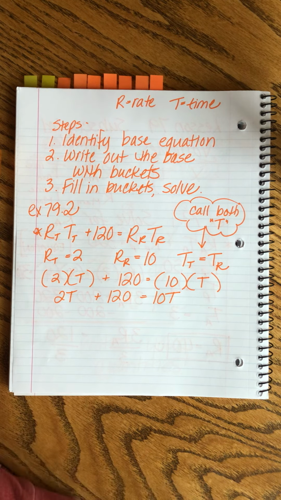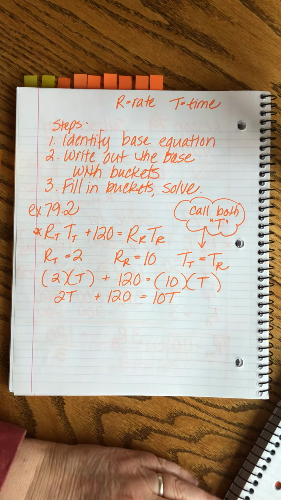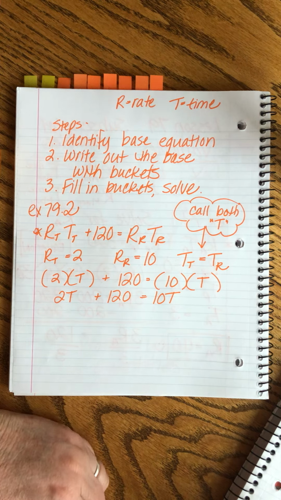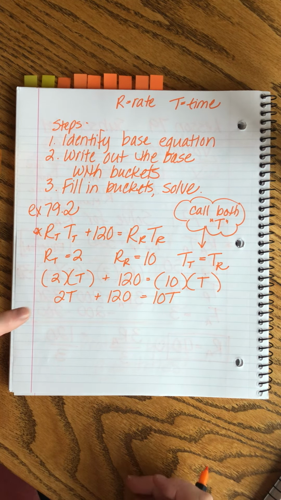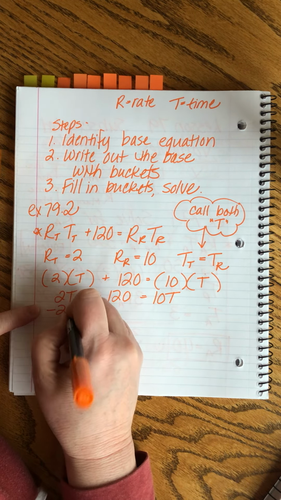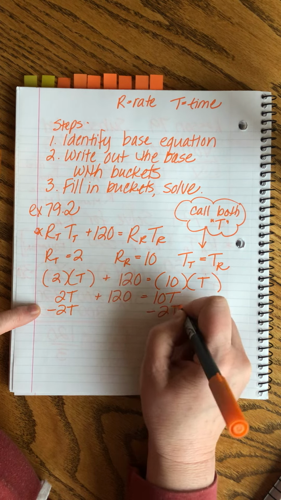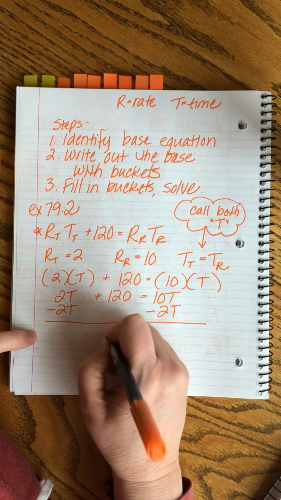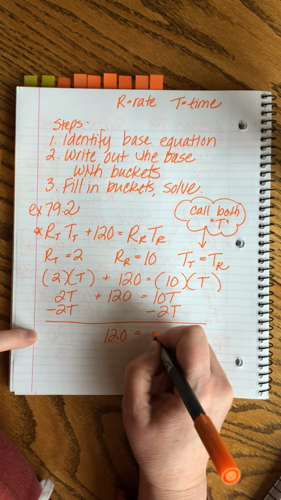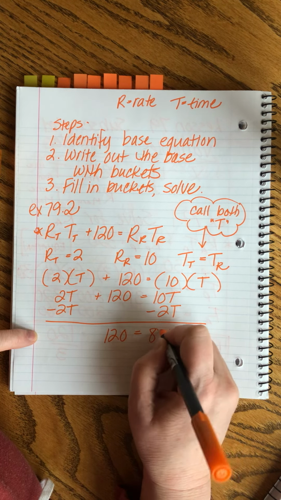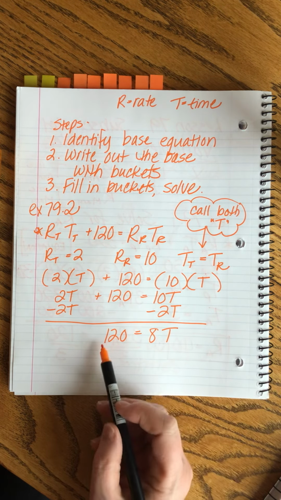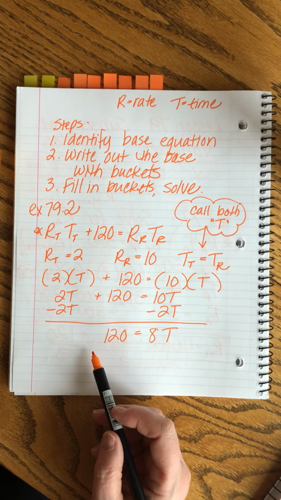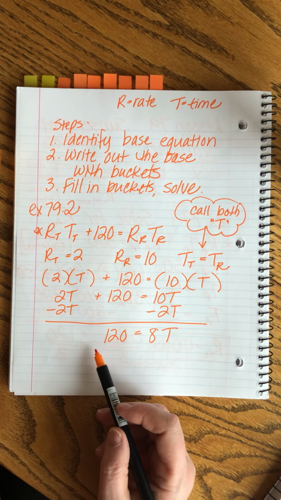You like it? Then we will subtract 2t, and 120 equals 8t. Okay, I'm going to divide 120 in half. That's 60.